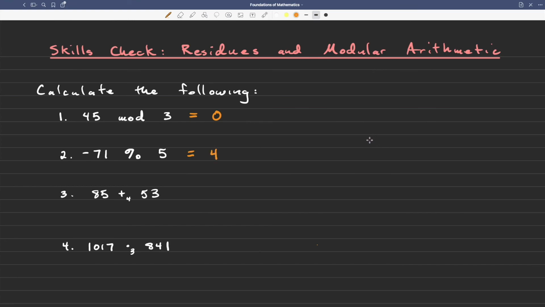Remember, this is one of those ones where if you're dividing into a negative number, you have to overshoot a little bit by 1. So your calculation would look like that, and you'd get a remainder of 4.